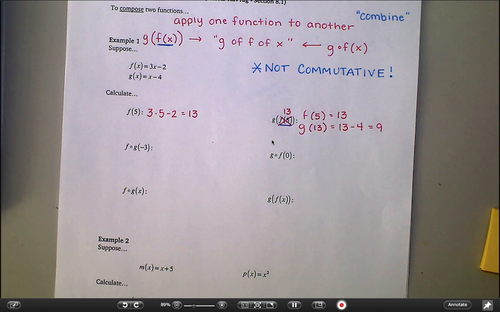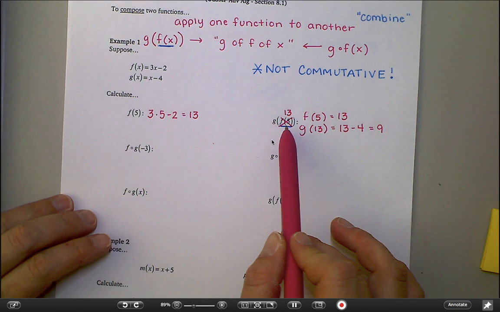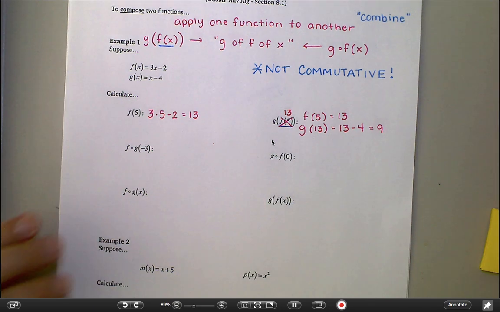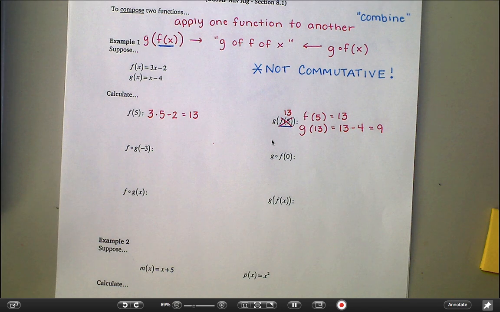If you do multiplication, 2 times 3 is the same as 3 times 2. But with this, doing g of f of 5 is not the same thing as doing f of g of 5. If you apply the functions in the opposite order, you get a different result. So you can't take any shortcuts here. You have to apply it in exactly the order that it's given to you.